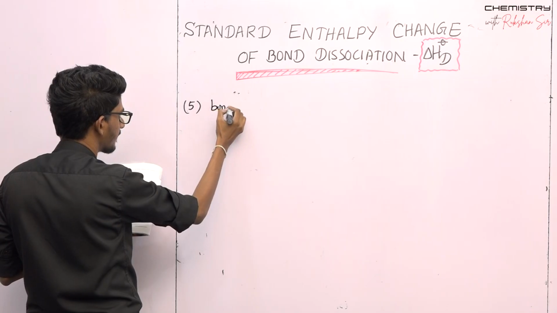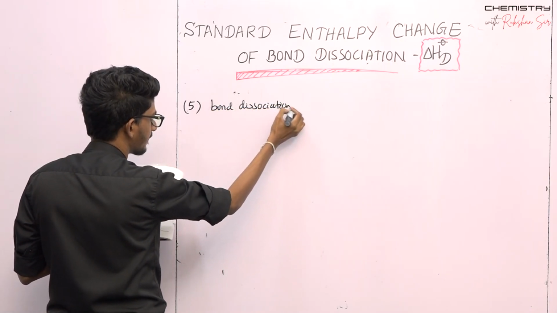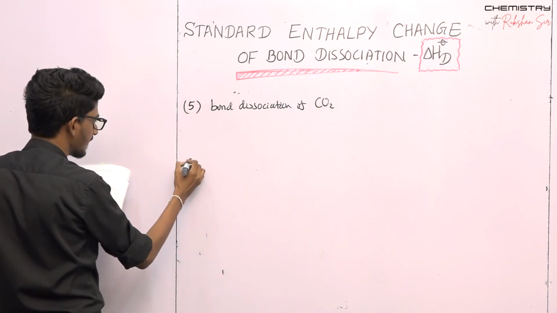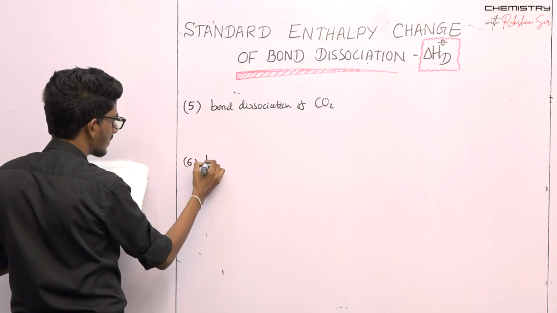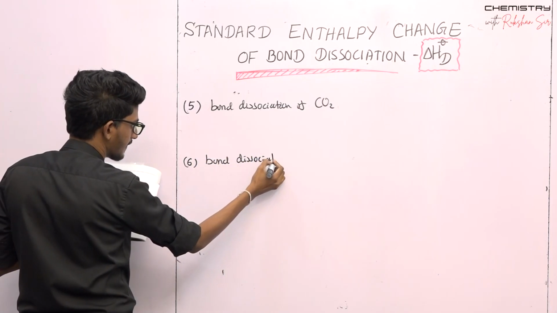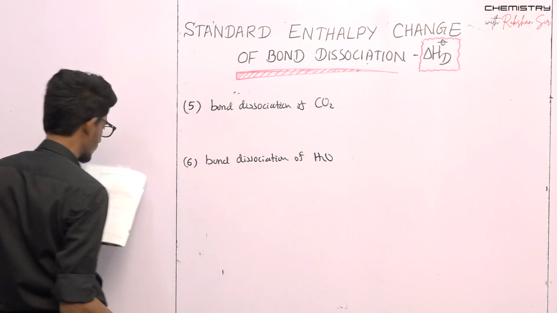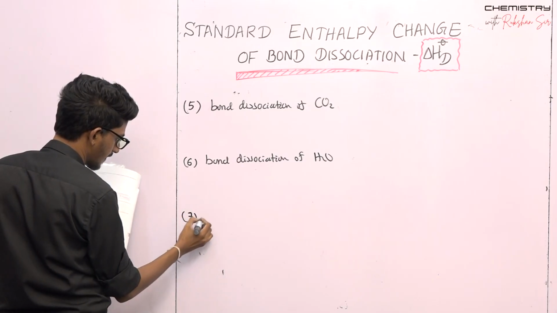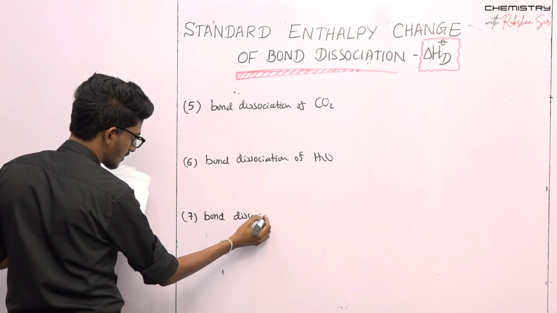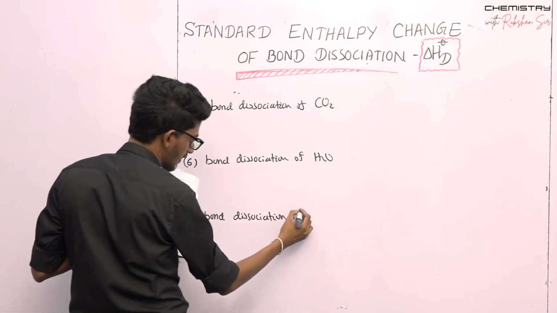bond dissociation of CO2. The sixth one is bond dissociation of H2O. 7, bond dissociation of NH3.